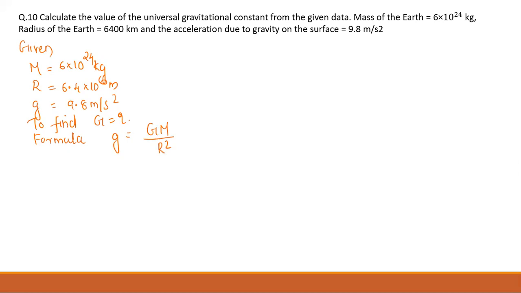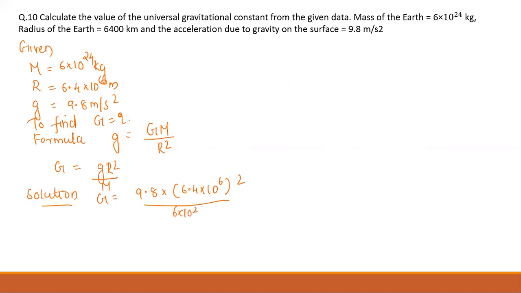We want to find out capital G. Therefore, capital G is equal to g r square upon M. On substituting the given values, we will get the solution. That is G is equal to small g is 9.8 into r is 6.4 into 10 raised to 6 the whole square divided by mass. Mass is 6 into 10 raised to 24.